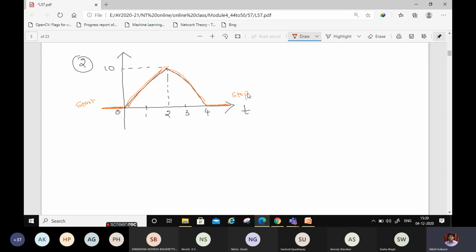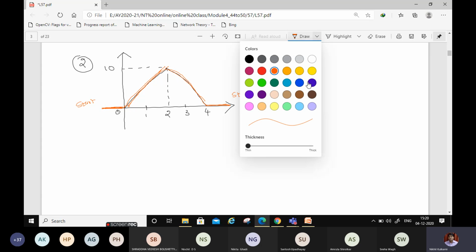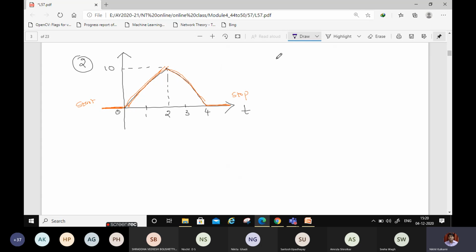Okay, so how to analyze it? First, just for our understanding, let me mark this point as A, this point as B, this point as C, and it is ending at D, if you assume. So A to B, how does it look?